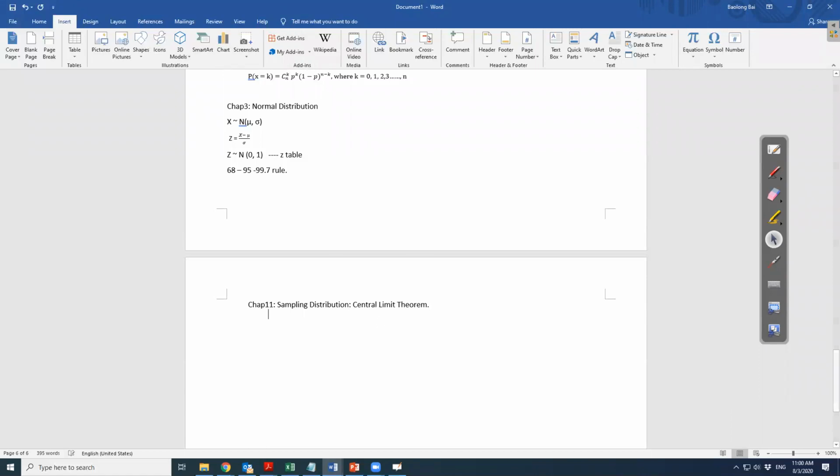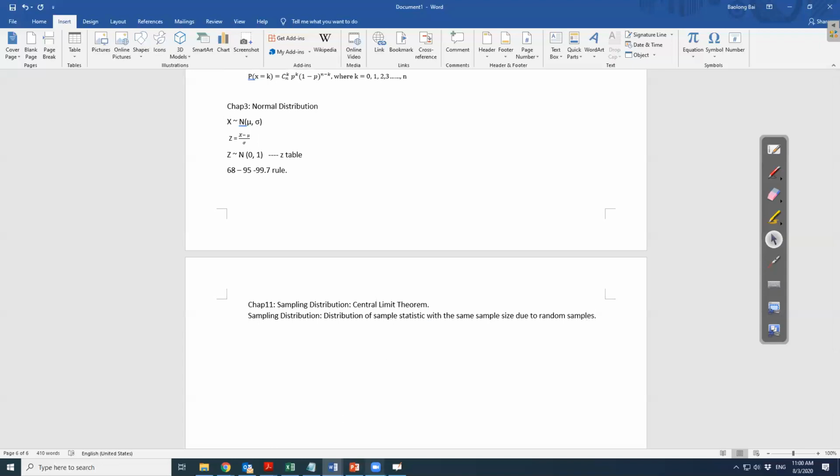So first, understand what's a sampling distribution. Sampling distribution basically is talking about the distribution of a sample statistic with the same sample size due to random samples.